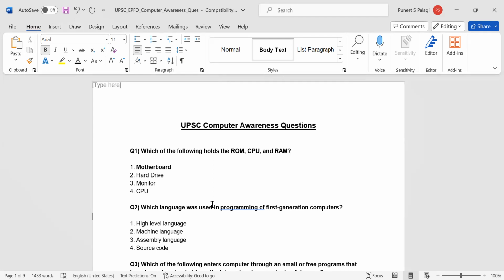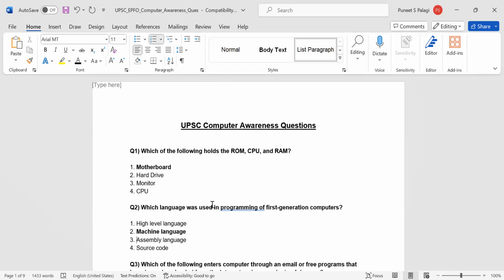So programming was hardly there in the first generation computers. But which language was used to communicate with the computers? We have to have some language, right, to communicate with the computers. So the language that was used in the first generation was machine language. Okay. So machine language is nothing but a binary language.